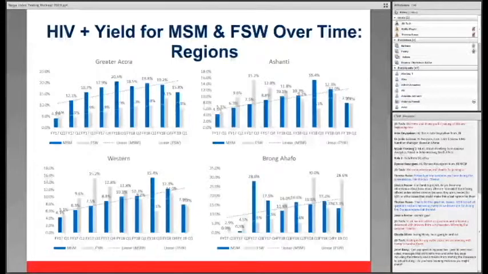When you move from the south towards the north, there are economic variations, there are cultural differences. We realized that applying index testing and some of the new modalities that require partner notification performed almost equally in terms of increasing awareness, increasing yield in the various regions.